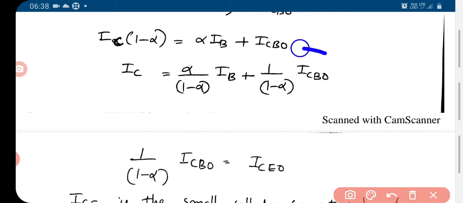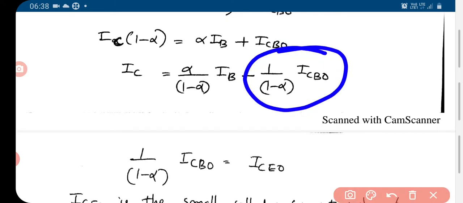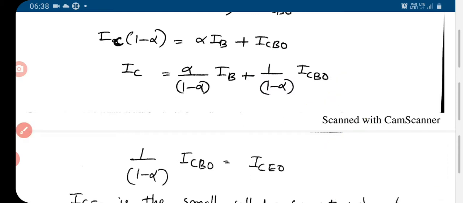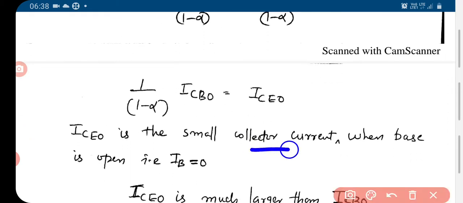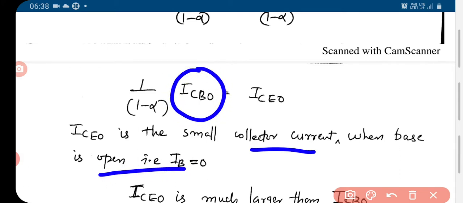So IC is equal to alpha by 1 minus alpha IB plus 1 by 1 minus alpha ICBO. And this is written as ICEO. So 1 by 1 minus alpha ICBO, that is ICEO, where ICEO is the small collector current when base is open. We know what is ICBO: collector to base current when emitter is open. Same way we have this ICEO, collector to emitter current when the base is open.